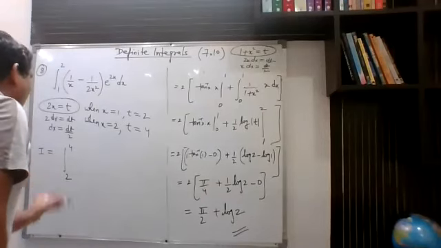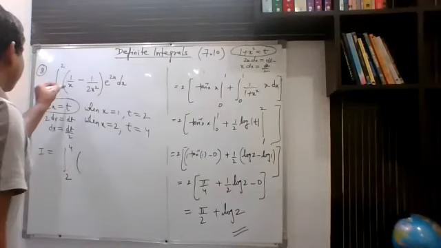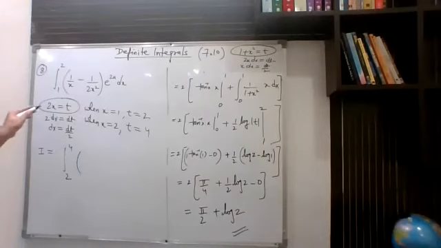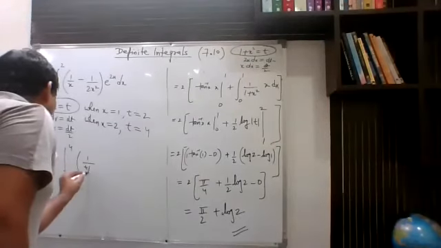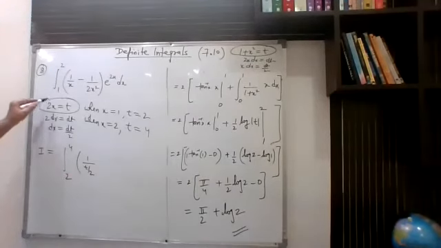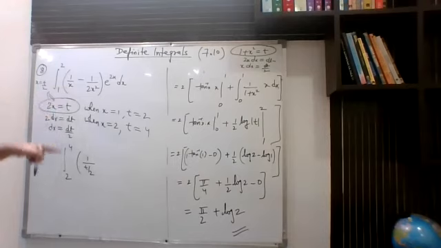So this 1 upon x, from here I can see that x can be written as t by 2, because from 2x = t I can write x as t by 2. I have to put the value of this x, that is why I'm finding it.